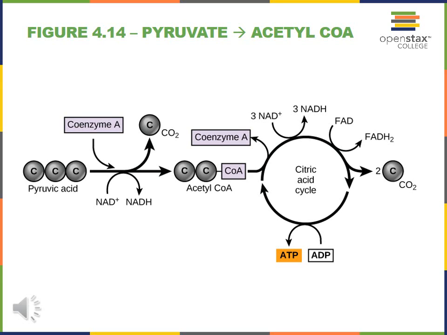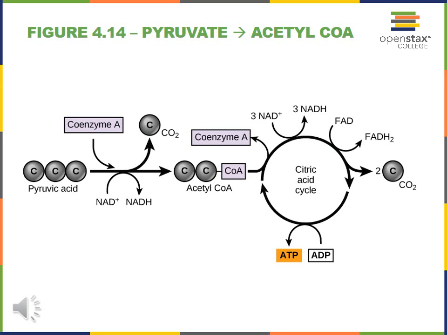We're going to use ADP to form some energy to put off ATP, and then we will keep going around the citric acid cycle, and it'll go around and around. It's called a closed loop, and so that means that the last part of the pathway will regenerate the compound that will be used in the first step of the pathway.